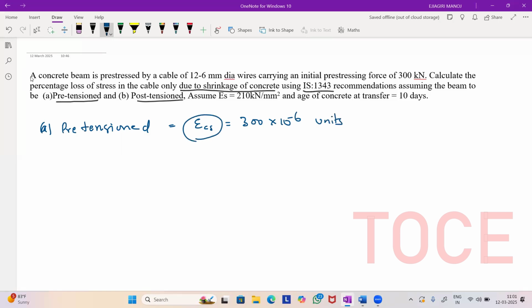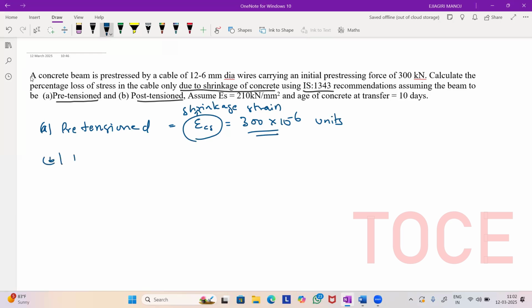This is the ultimate shrinkage strain. In the absence of data, if strain values are not present, you can take these values. This is a recommendation of IS 1343.